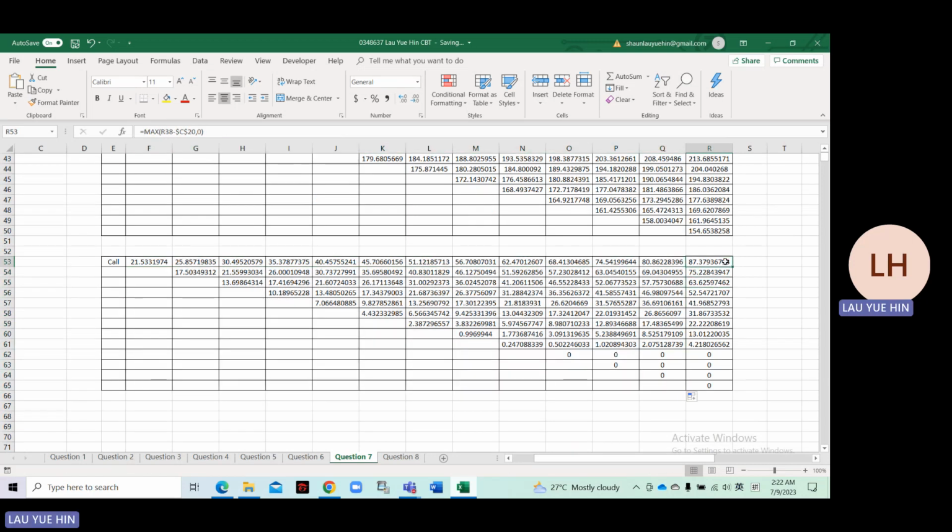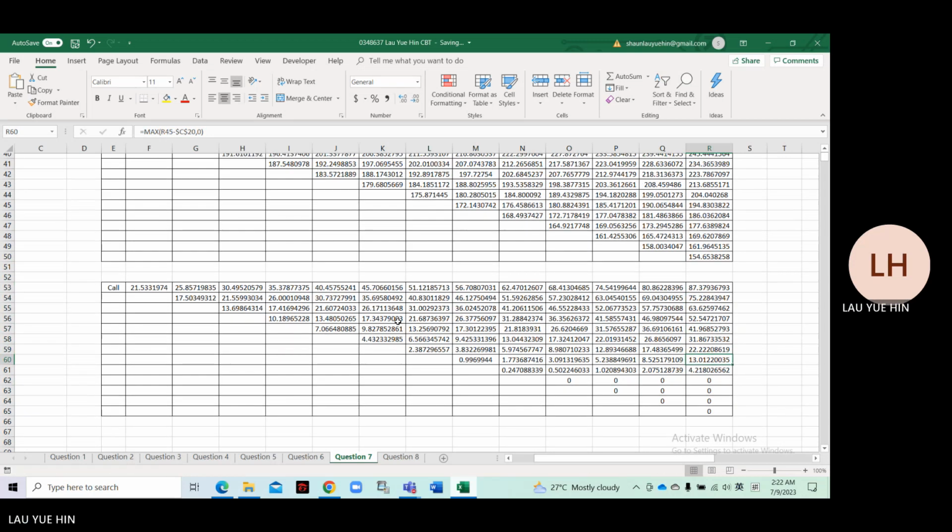And then the last column is the maximum of S0 minus K. And then drag everything down.